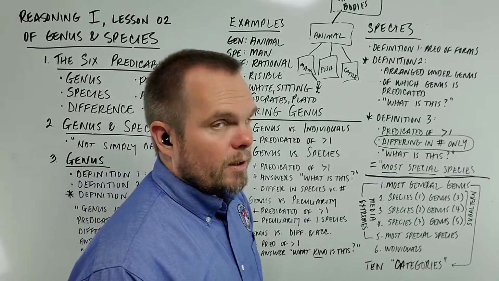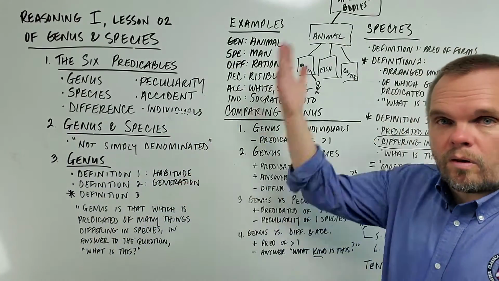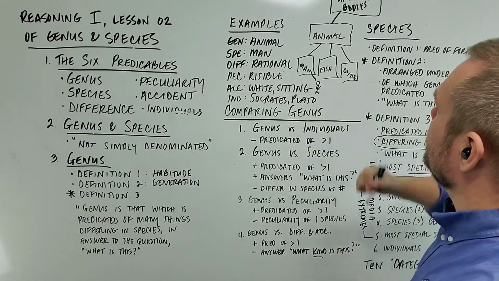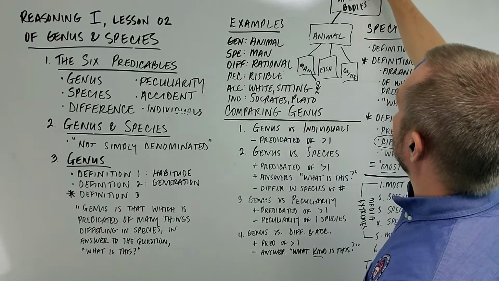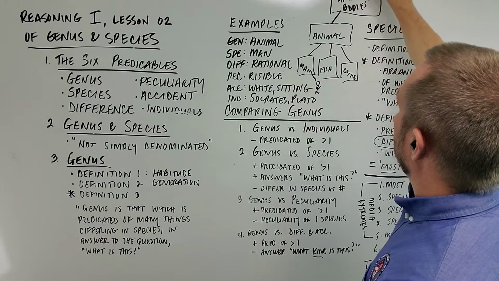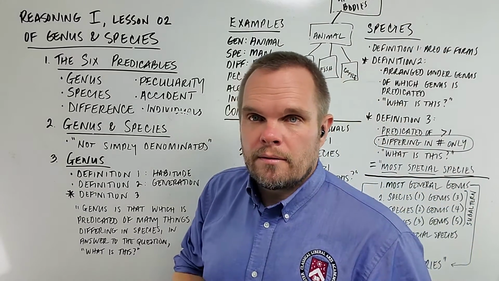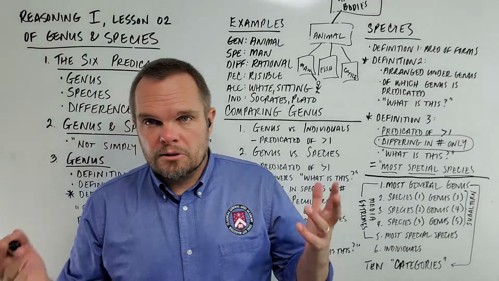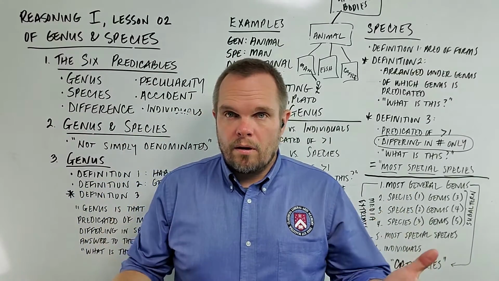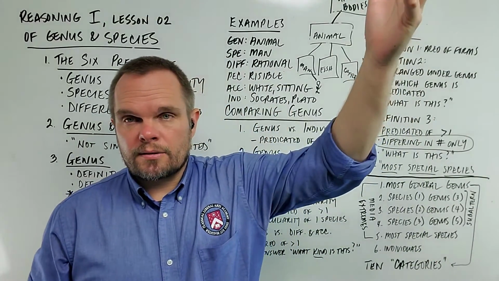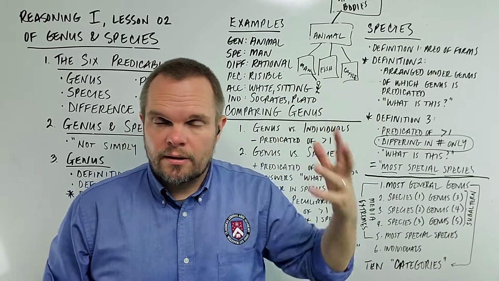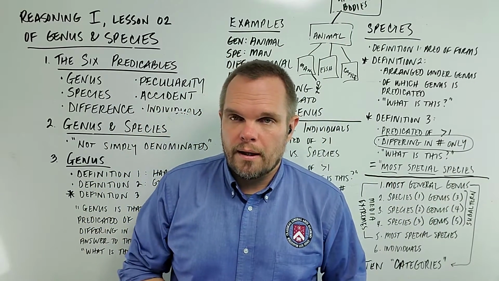Now, if we go higher, and this is going to go off the screen, but just listen, okay? If we go even higher and draw another class, animated bodies is actually a species that belongs to bodies. It's a class of one kind of bodies.